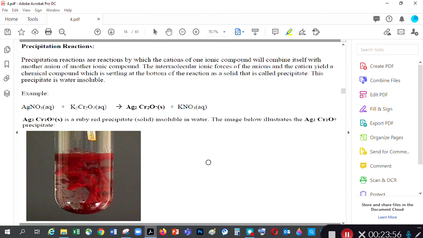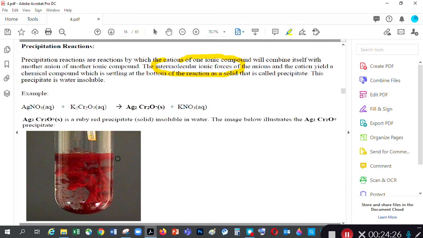Let's look at the precipitation reaction. As I mentioned, it has to produce a precipitate. A precipitate is a solid formed during the ionic interaction. There are intermolecular ionic forces between the anion and the cation, leading to attachment of the cation to the anion to make a solid, which is not soluble in H2O.